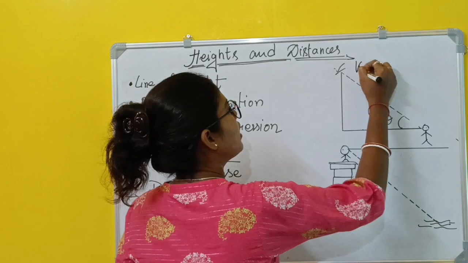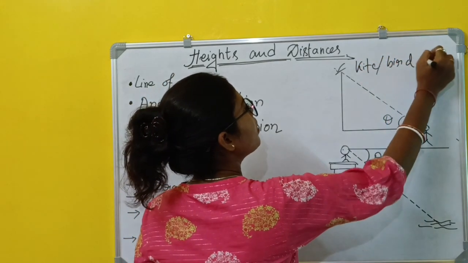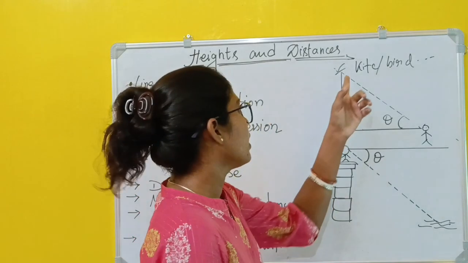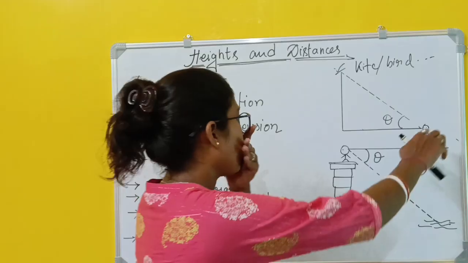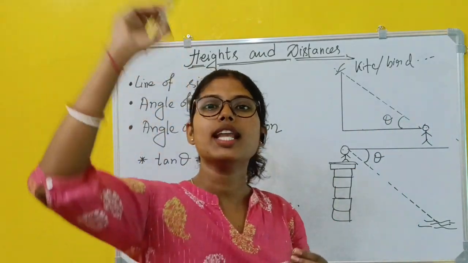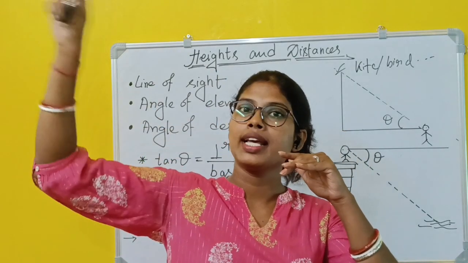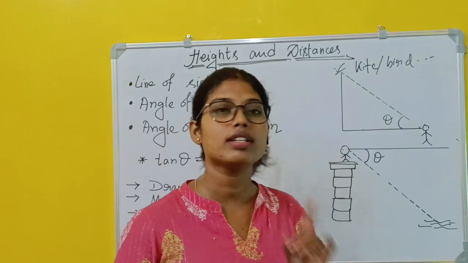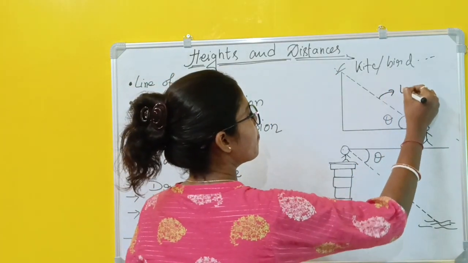It can be a kite, a bird, or anything else. Just focus on the concept that there is some object there and a person standing. The imaginary line drawn from my eyesight to that object is called the line of sight. That is this one.